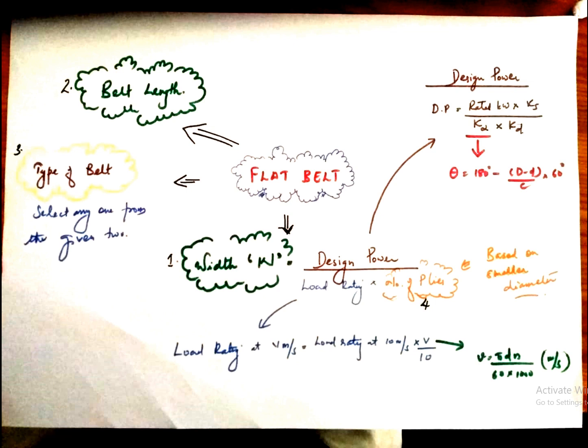Correct. Again, if you know the minimum diameter and the velocity, you can directly find the number of plies, which is your next parameter. Okay, so once you get all these parameters, it is very easy to find the belt length, and that depends upon the question condition, whether it is an open belt, whether it is a closed belt and all, you may select the belt length. So as simple as that, it is very simple.